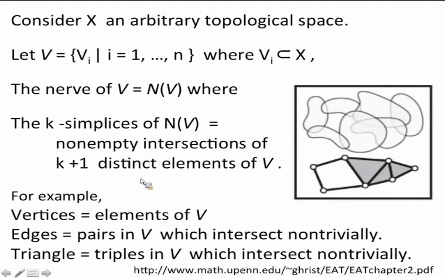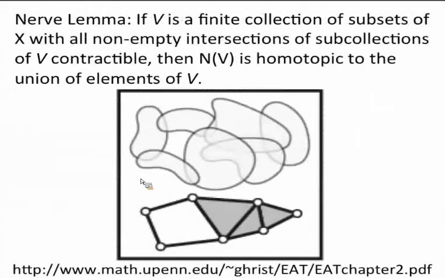The nice thing about the nerve of a collection of sets is that if we do have a finite collection of subsets where the non-empty intersections are contractible. That means basically that if I take a look at an intersection right here, then I can shrink it to a point.